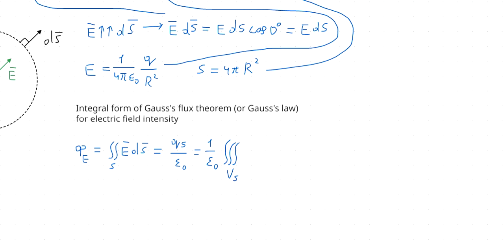V_S means volume inside closed surface S, and here we have rho with lower index q, and it means electric charge density inside closed surface, multiplied by differential of volume. This is the integral form of Gauss flux theorem for electric field intensity.